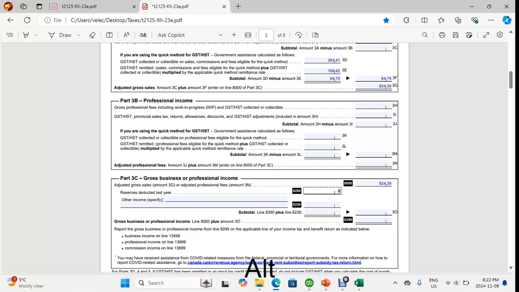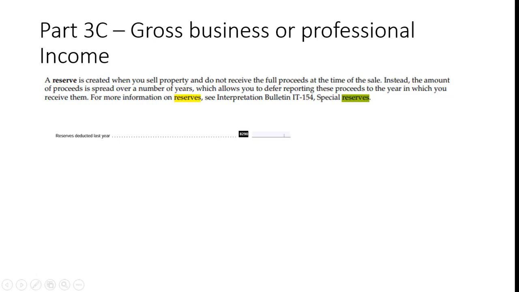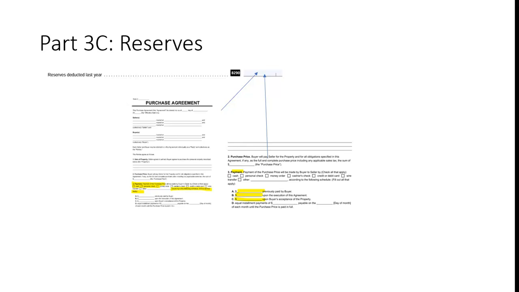Again, a reserve by definition is created when you sell property but do not receive the full proceeds at the time of sale. Instead, the amount of proceeds is spread over a number of years, which allows you to defer reporting these proceeds to the year in which you receive them. So let's say you have a mortgage, a property that you buy or sell as a seller.